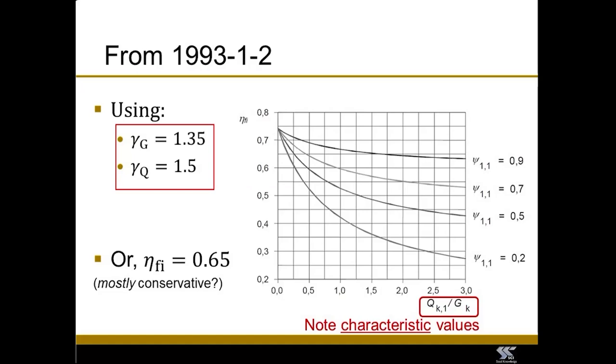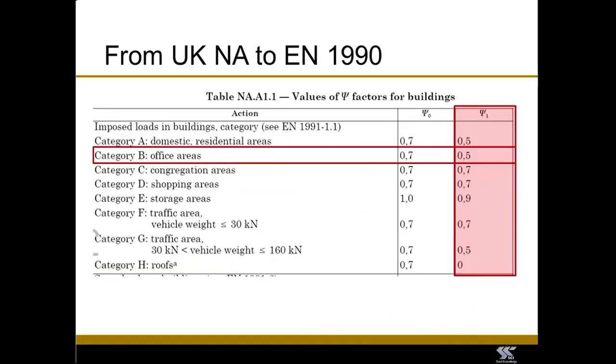And then we've got different curves for different values of psi 1. And hopefully this is starting to make sense, or maybe it's becoming terribly complicated. But those psi 1s depend on the type of variable action. So let me just flip to the next slide and point that out. So for different categories of use, I've highlighted on the left-hand side an office area.